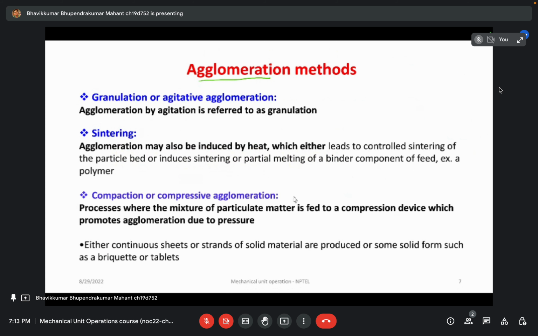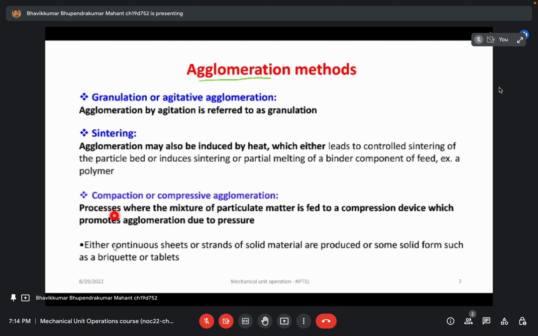This is an easily understandable process. If we provide a compaction and compressive process, then our fine particles, in the presence of binder, can convert into size-enlarged particles.